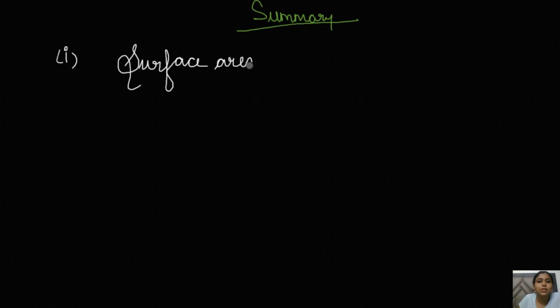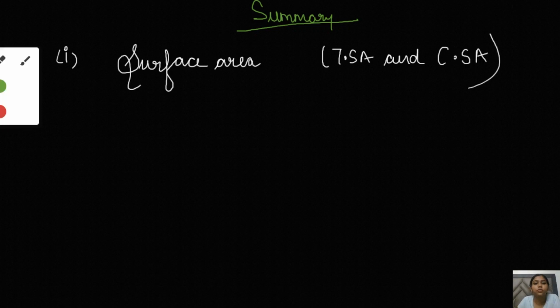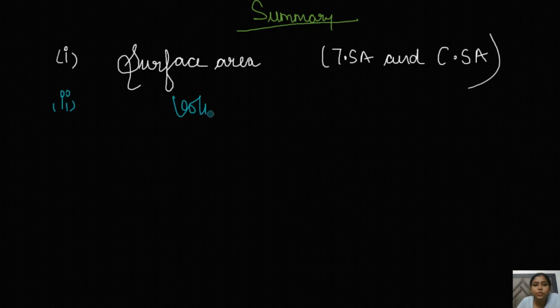There is a very good description of those formulas and all those pictures, like what is cube, what is cuboid. You can just go through the portal and you can check out the videos there. And I've also given a short introduction. I've also introduced the formulas to you in this video also.